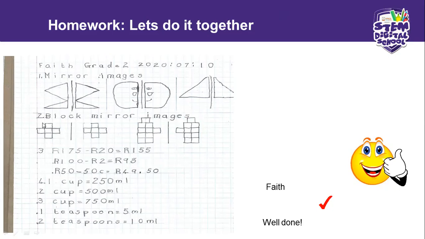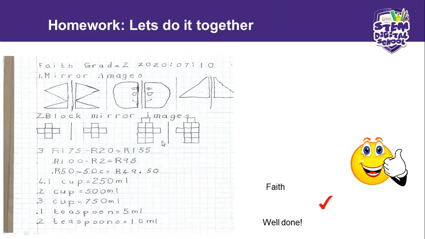Okay, so that is the second section there. Block mirror image. Yes, so she drew her blocks. Okay, 2 of them. So same applies. You're going to take your line of symmetry. It's going to come here, and then your image will start exactly next to your line of symmetry.